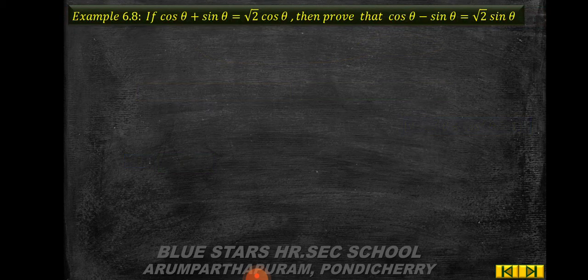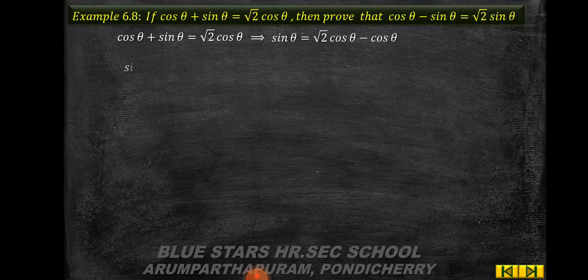Next one is example 6.8. If cos theta plus sin theta is equal to root 2 cos theta, then prove that cos theta minus sin theta is equal to root 2 sin theta. So in the question itself they have given cos theta plus sin theta is equal to root 2 cos theta, which implies sin theta is equal to root 2 cos theta minus cos theta.